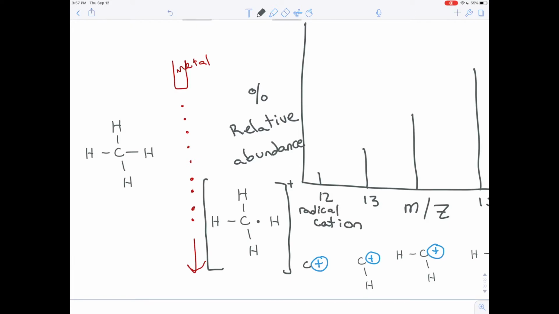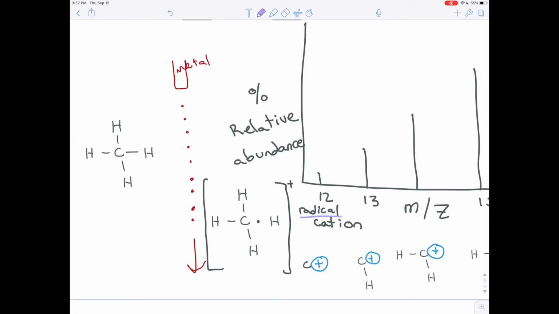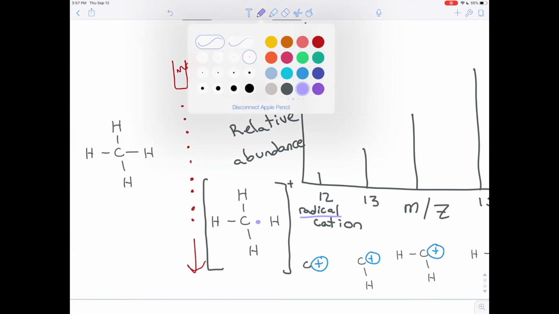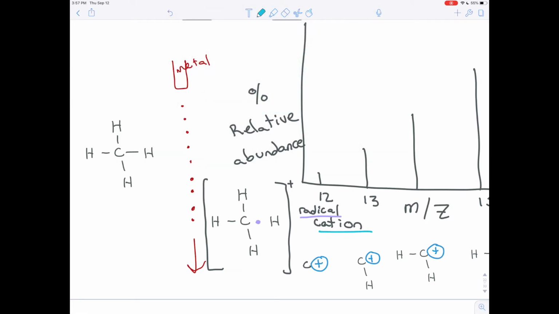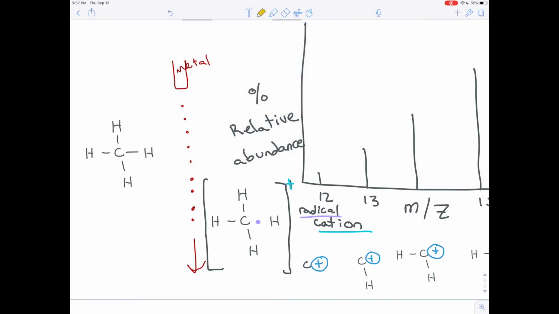That means you have an unpaired electron. And so this here is a radical cation. Radical because of the unpaired electron, cation because of the positive charge. Radical cation. And the unique thing about that radical cation is that it basically has the same molecular mass as the original molecule.